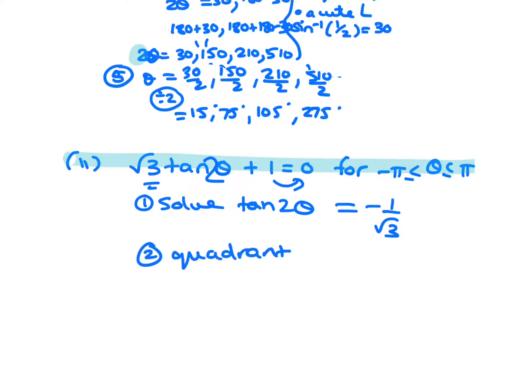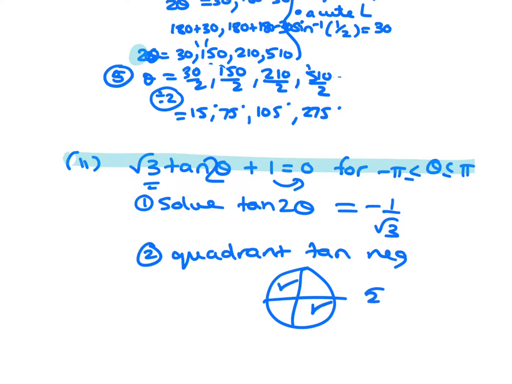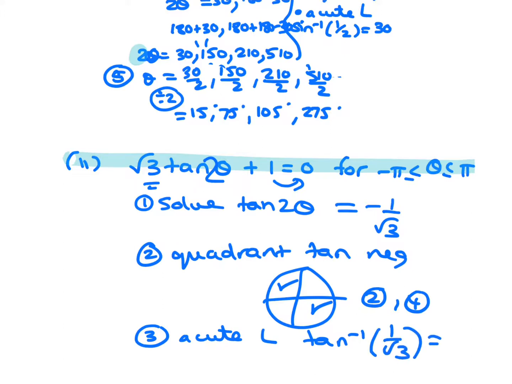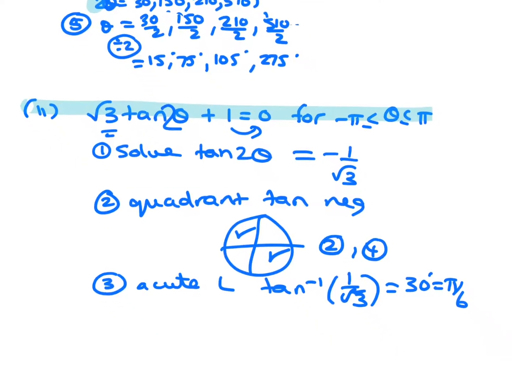Tan is negative, so it's in quadrants 2 and 4. For the acute angle, you do tan inverse of 1 on root 3, and don't put the negative in because you just want the acute angle. That's 30, or pi on 6, because we're going to do this in radians.